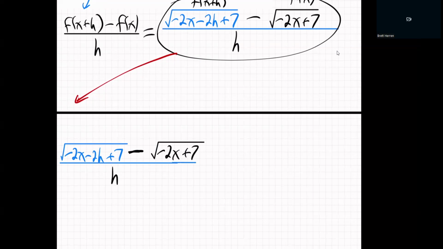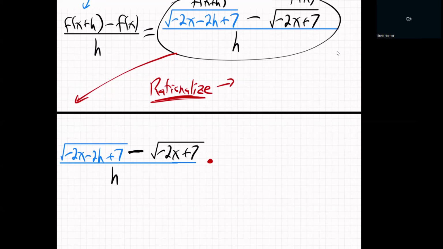What we want to do is rationalize. Do you remember what that means? They want us to rationalize. That means get rid of the roots. So how do you always do that? You at least get rid of the roots in the numerator.